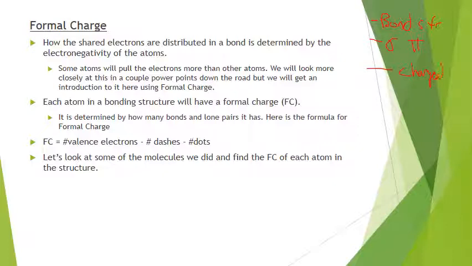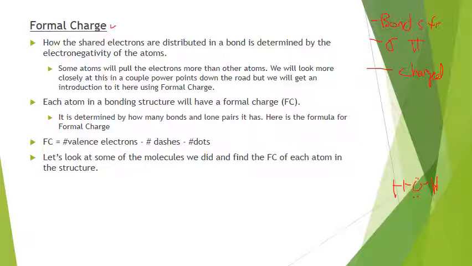So we can see that when we draw a structure, it's not just simple, when you write H2O, it's maybe not as simple as just this arrangement here. There's a whole lot going on here. So the next thing we're going to look at is called a formal charge.